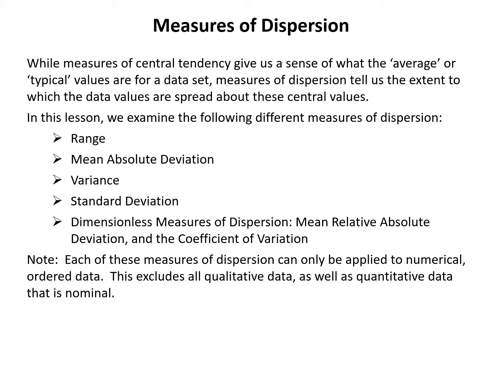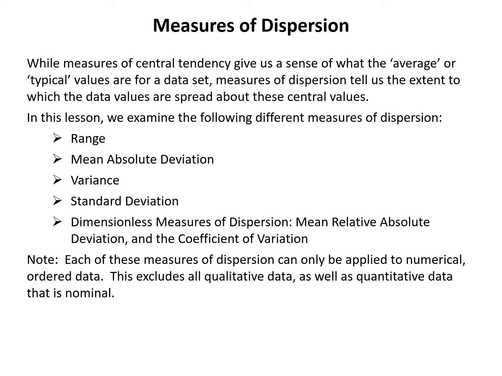In this lesson, we're going to be looking at the following different measures of dispersion: range, mean absolute deviation, variance and standard deviation, and then we'll look at dimensionless measures of dispersion, the mean relative absolute deviation and the coefficient of variation. Of note, each of the measures of dispersion that we'll be looking at in this lesson can only be applied to numerical ordered data.